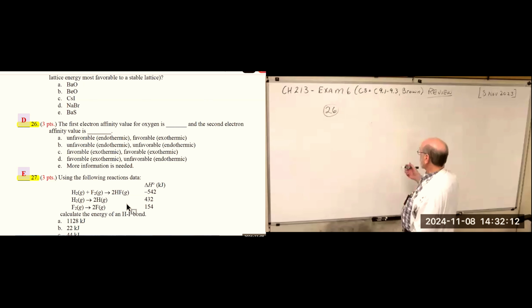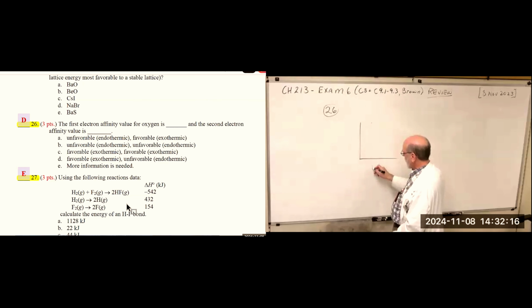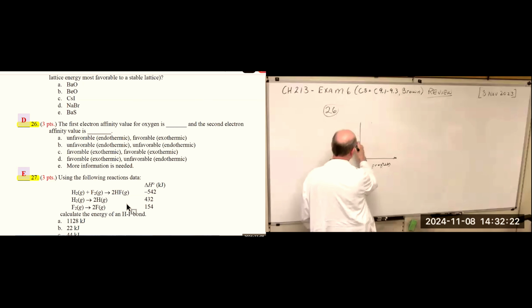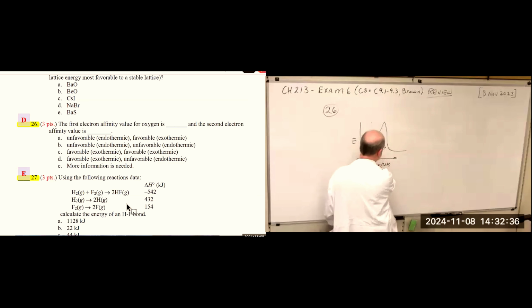One of the reasons for that is if you look at the progress of a reaction versus energy of its components. If you look at exothermic, you're going to have reactants up here, and you've got your activation energy, and then you come down here like that.